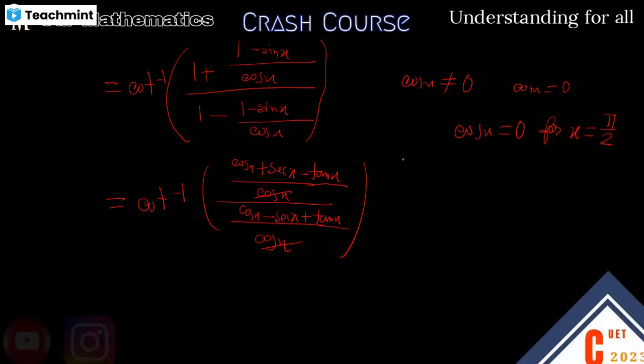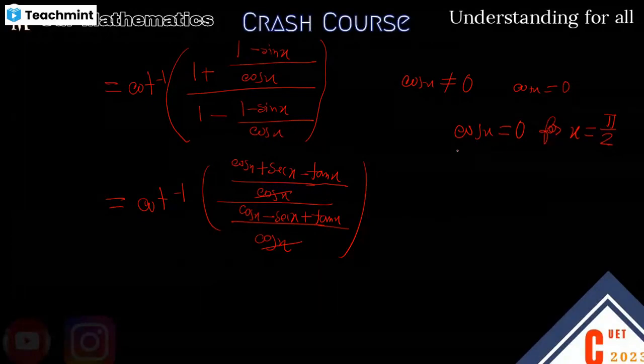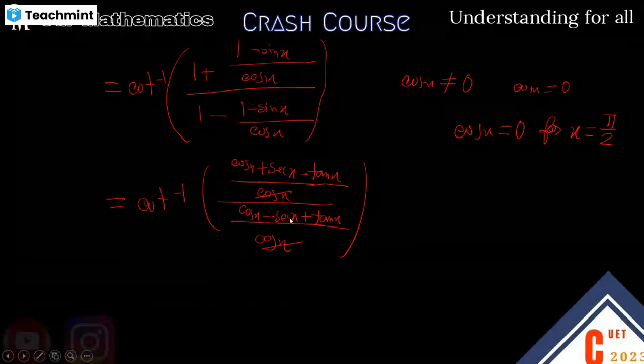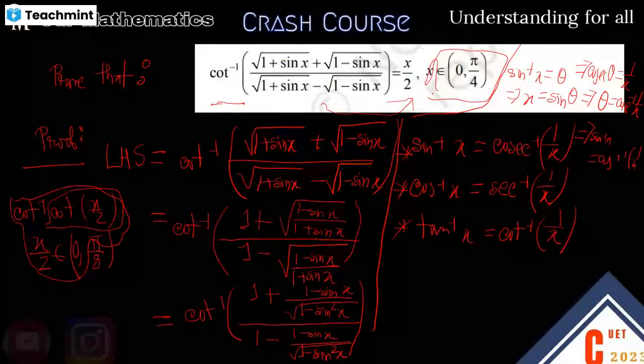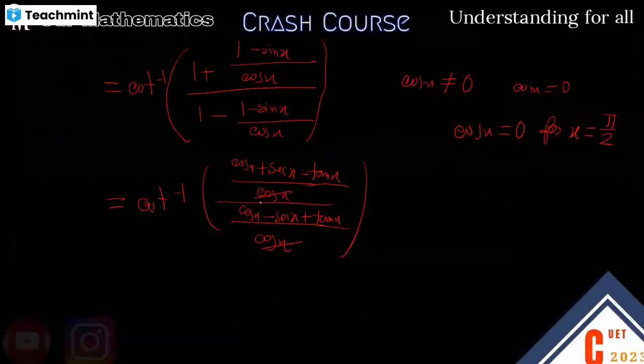That means cos x cannot be 0, that's why we can cancel this. So the condition given on the side is very important. Sometimes if there is no condition, then we can't even cancel cos x by cos x, right?